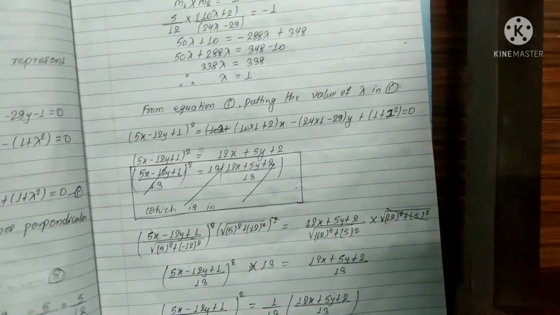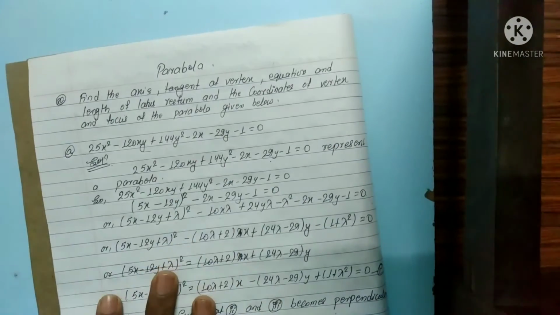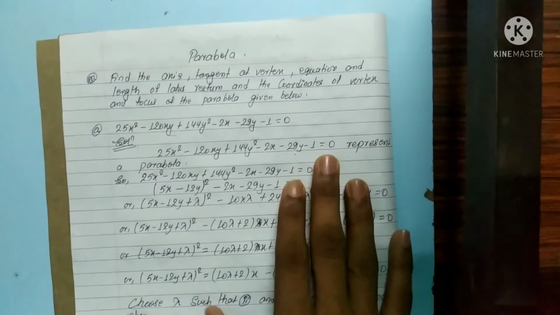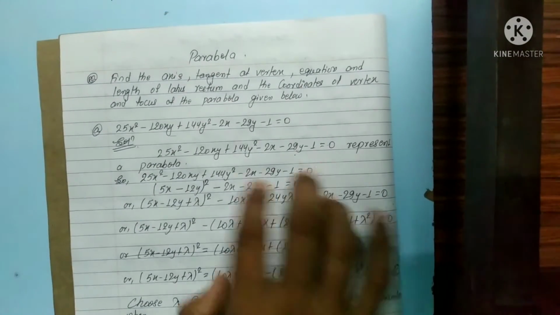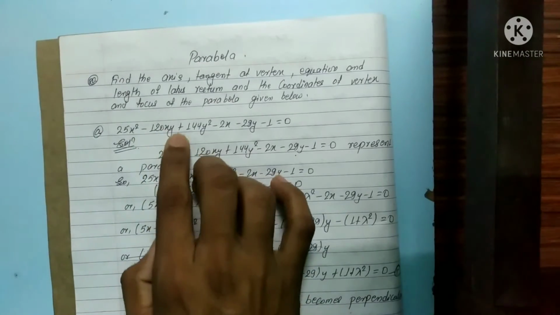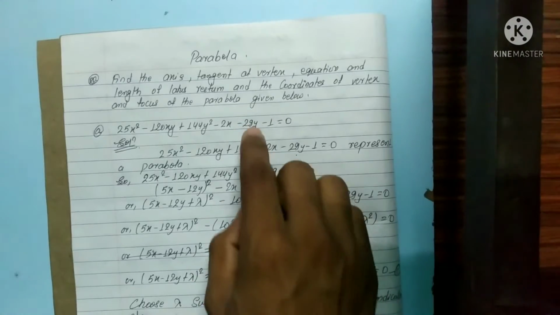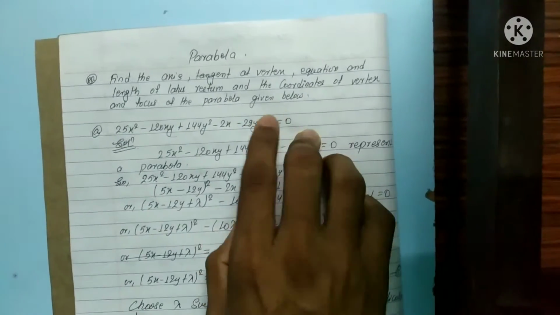Now our next chapter is general equation of parabola. The question is 225x squared minus 120xy plus 144y squared minus 2x minus 29y minus 1 is equal to 0.